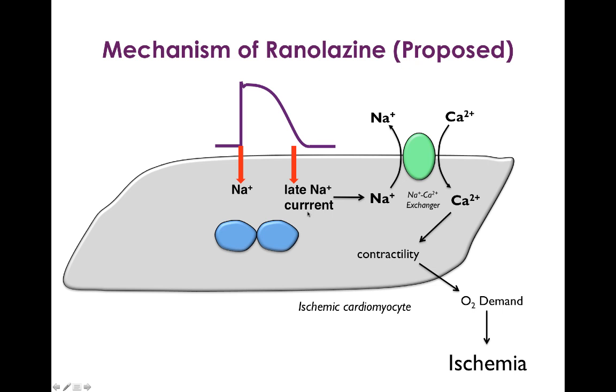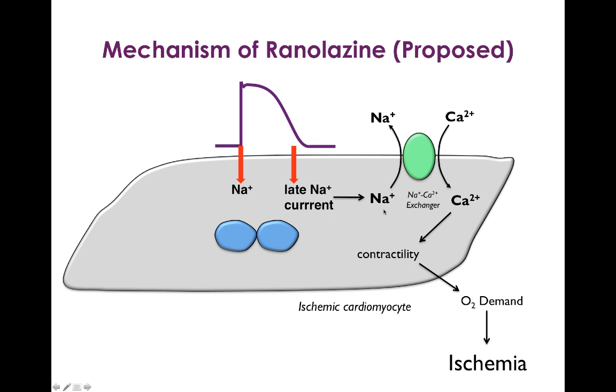But it's thought that this late sodium current can lead to an increase in intracellular sodium. And so recall that there's the sodium-calcium exchanger, which links sodium levels and calcium levels.